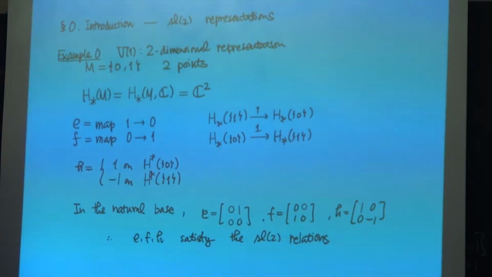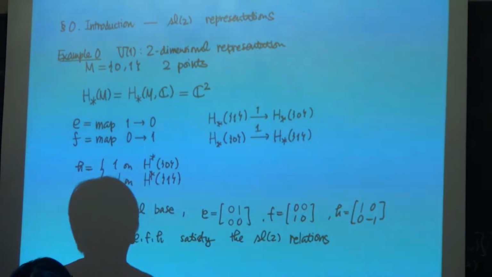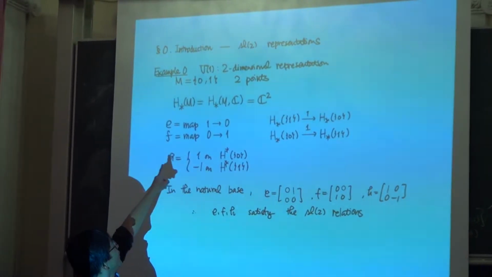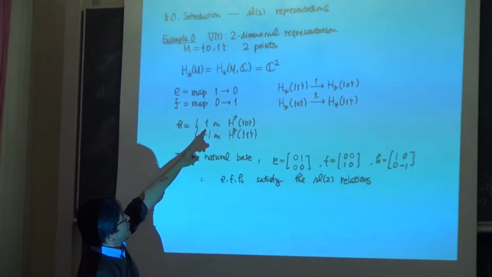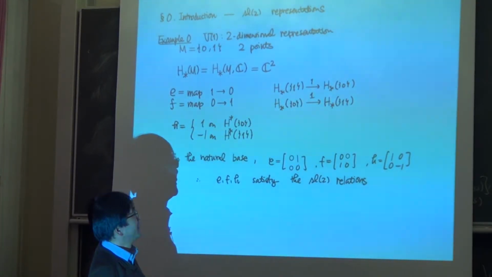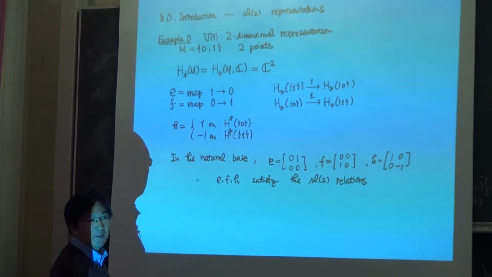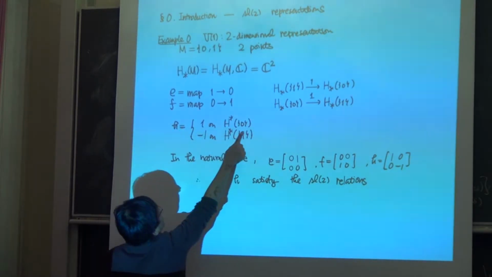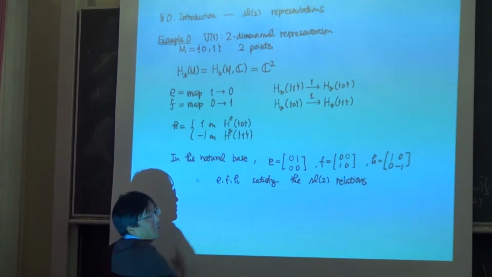Then I want to realize E, F and H as some operations on this cohomology group, and you don't have much choice. If you consider E to be mapped from 1 to 0, and F mapped from 0 to 1, then you have the corresponding operators on the homology group. That is the most trivial one. And you can just take H to be 1 on the 0 component and -1 on the 1 component.